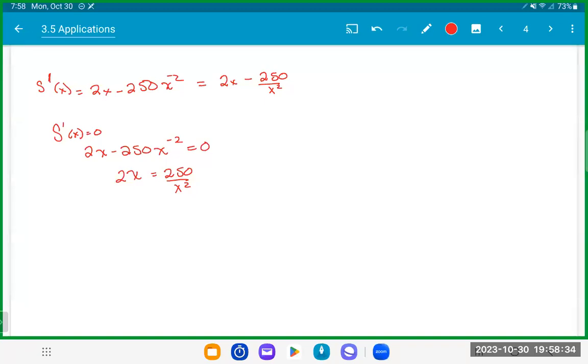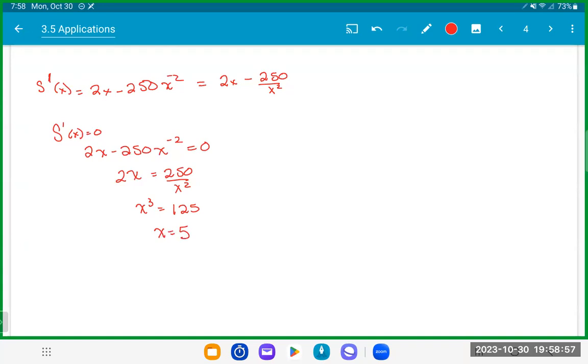Multiplying both sides by X squared and dividing by 2, we get X cubed is equal to 125, so X is equal to 5.